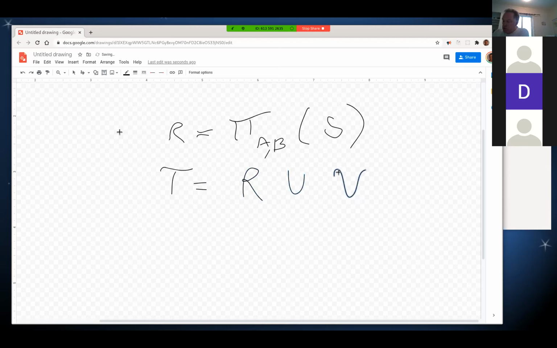If you want to make it more programmatic, we're doing this as a relational algebra program. The first thing we're doing is calculating the relation R by projecting out A and B of S. And now we're going to calculate the relation T with R union V. So this R winds up being unioned with V.